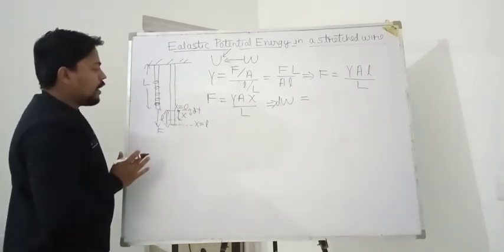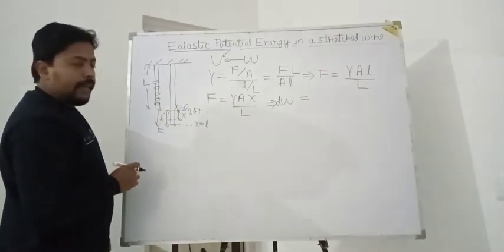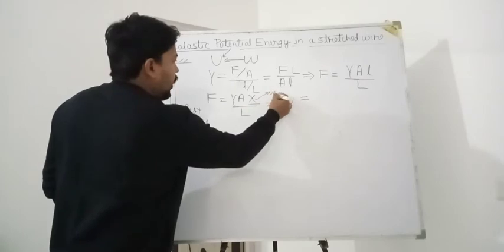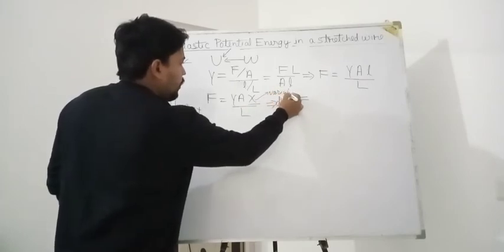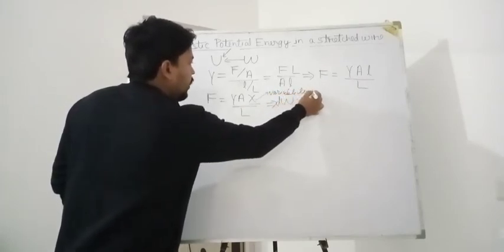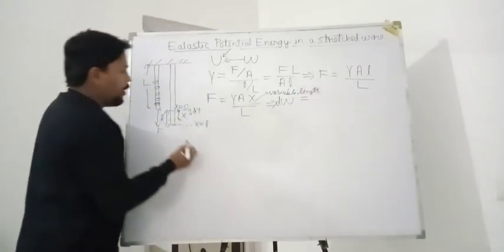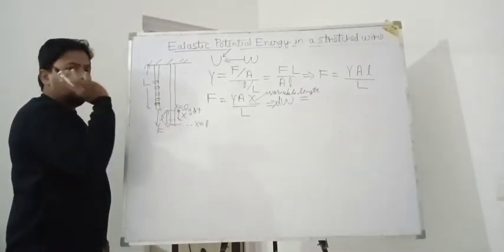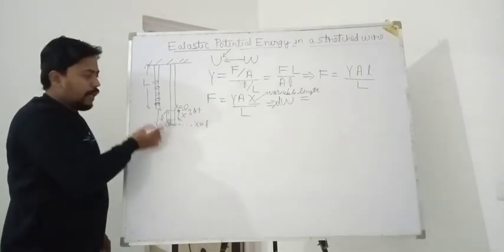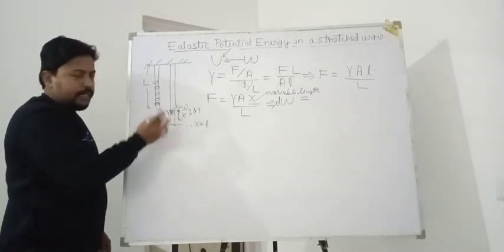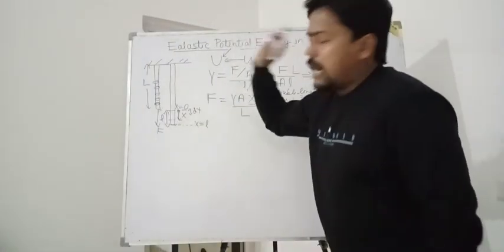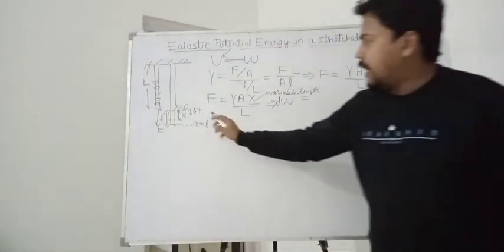So what we can conclude is that this x is the variable length, varying from 0 to x equals small l, the total length to which the wire is extending. This small work done is for a small increment in length, that is dx.